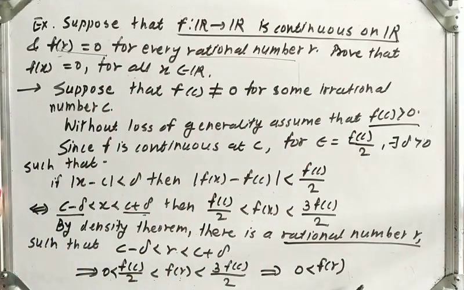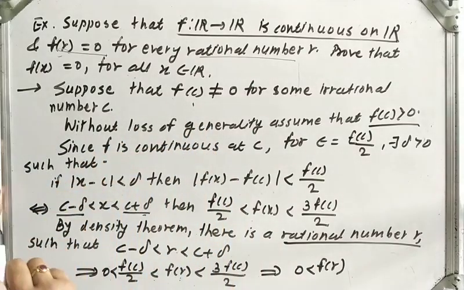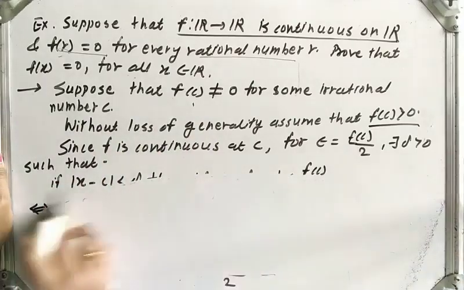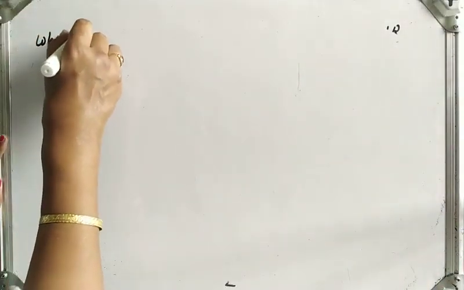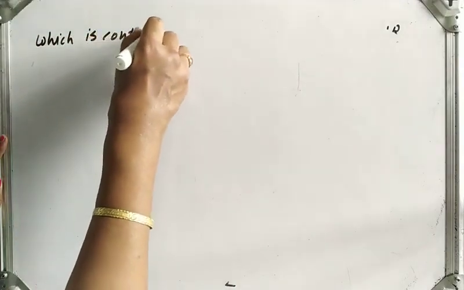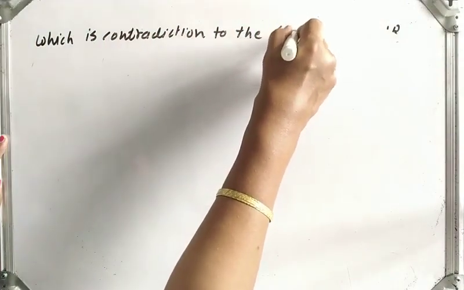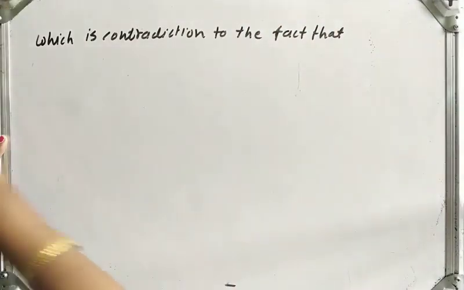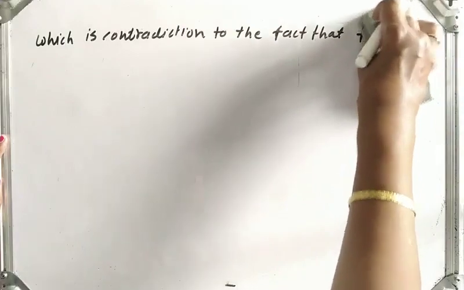Therefore, our assumption that f of c is not equal to 0 for some irrational number c is wrong. Therefore, f of c must be 0. So here we get a contradiction to the fact that f of r is equal to 0.